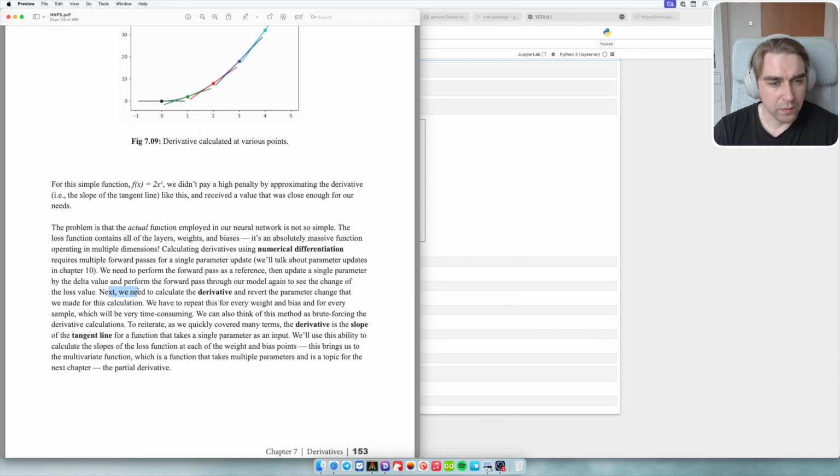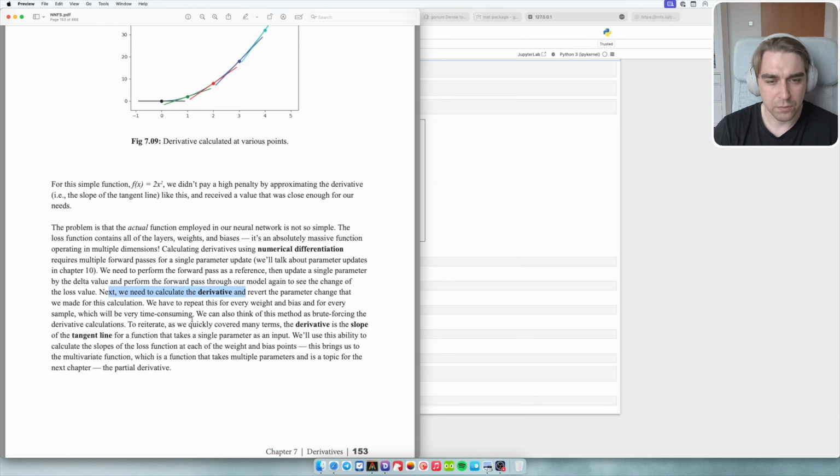Next, we need to calculate the derivative and revert the parameter change that we made for this calculation. We have to repeat this for every weight and bias for every sample, which will be very time consuming. Okay. So for the whole batch, for every weight and bias and for every sample within the batch.